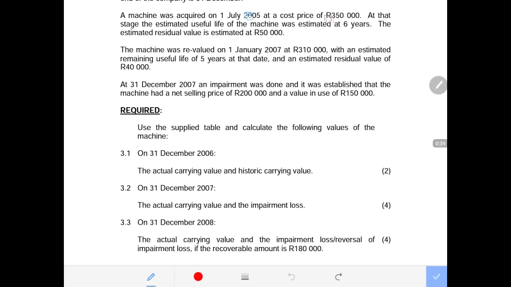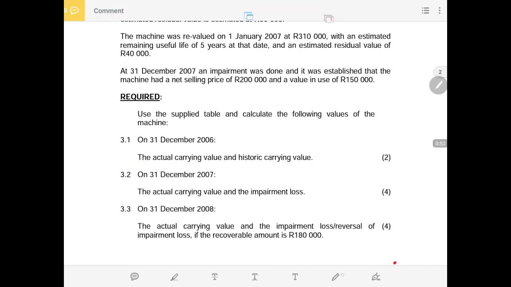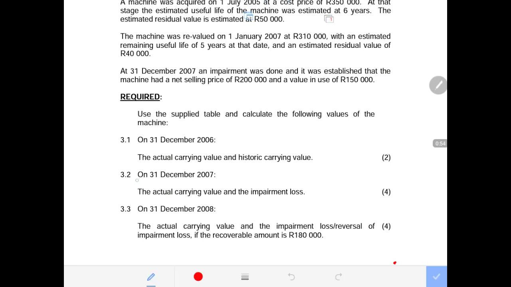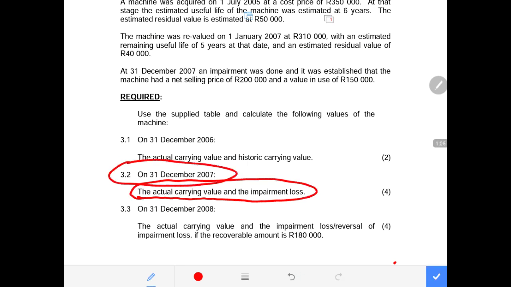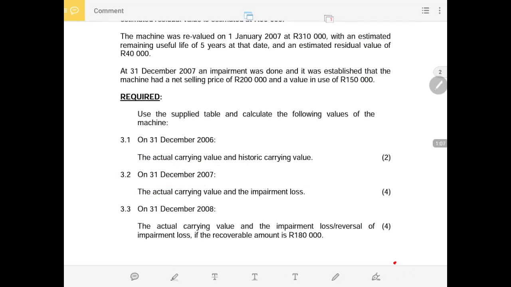Then it says on the 31st of December 2006, we must calculate the actual carrying value and the historic value, and that is 2 marks that need not to be missed. Then we are required to calculate at the end of December 2007 the carrying value and the impairment loss, meaning there is an impairment loss taking place at this stage, which we will see from the information provided.